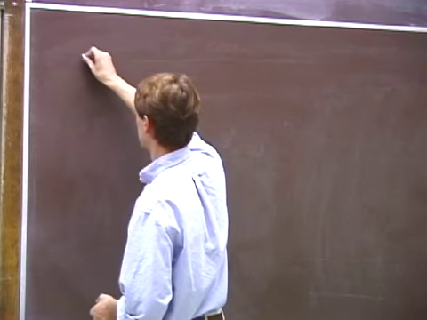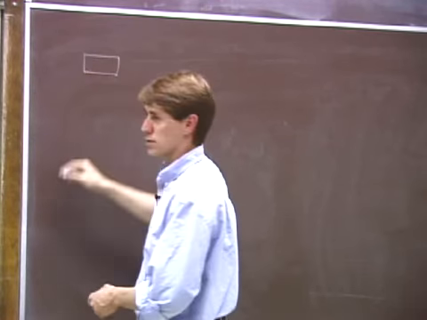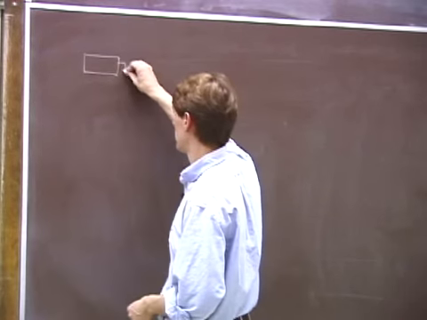So what if we were to do this? Now I'm just going to draw the laser. I'm not concerned with what goes on inside it because we have a control system to take care of that.